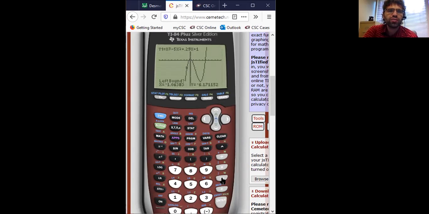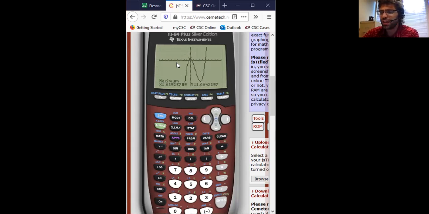We go to its left. Now we go to its right. Now we go to about where we think the maximum is. It's somewhere around here, so that's our guess.